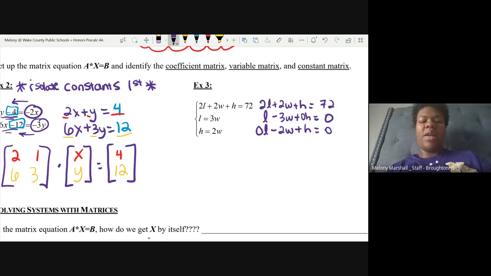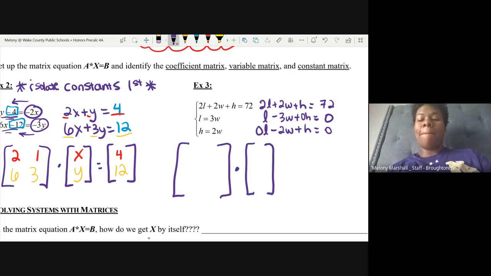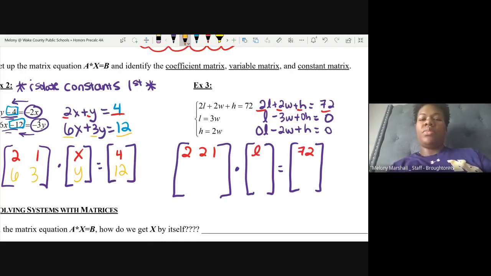All right, let's set up our matrix this time. Boom times boom. Okay, make these really huge boxes. All right, doing the same thing. 2, 2, 1, and then in the middle is L, 72. 1, negative 3, 0.